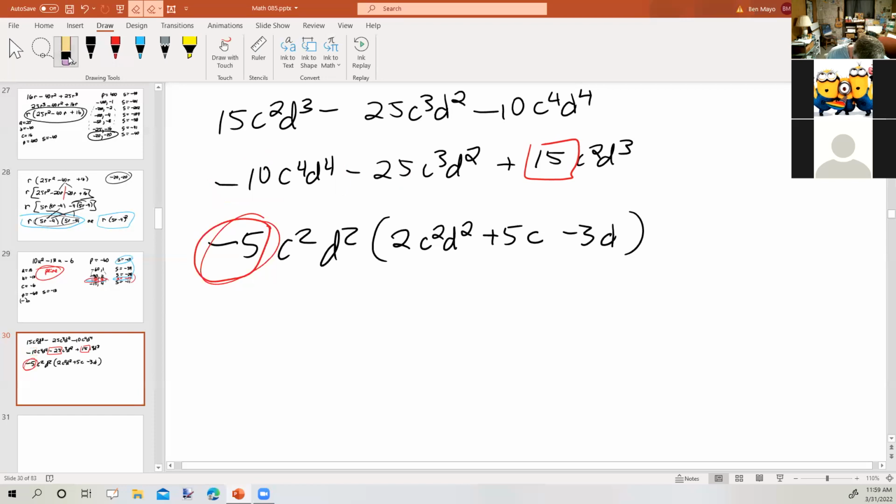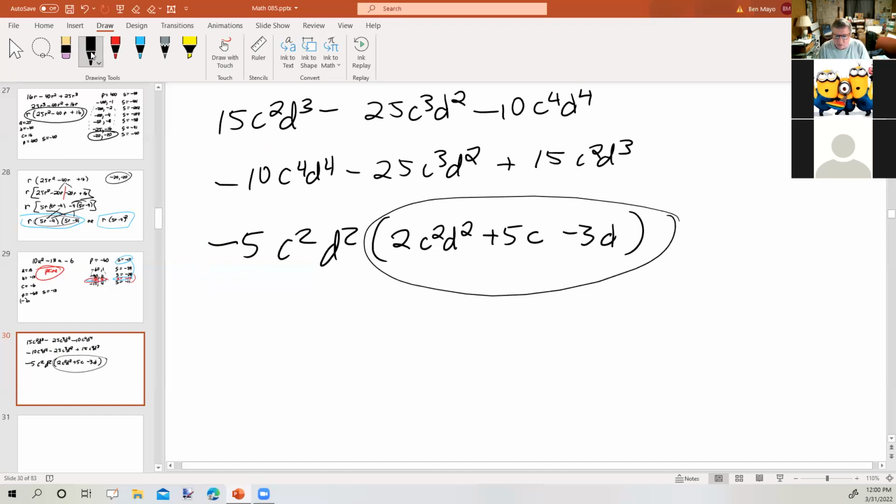So now, what about what's in parentheses here? That doesn't factor. So now, the reason I did this problem is because here's a mistake that students will make. They'll look at this and they'll say, oh, I can't factor that, so this is prime.